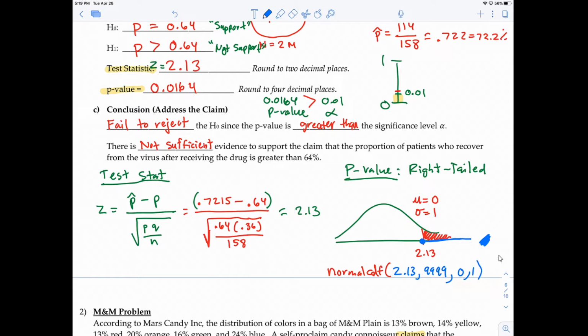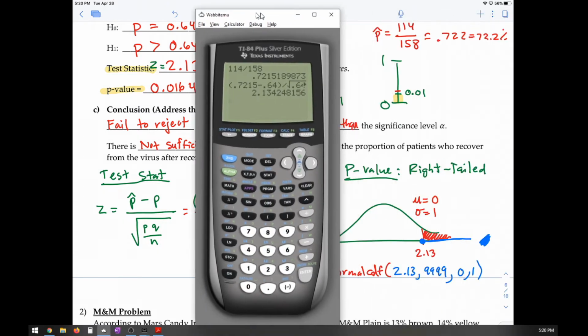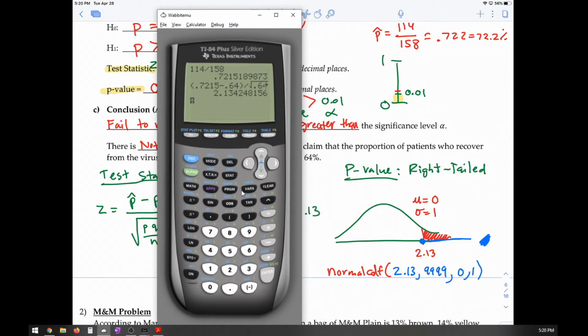All right, so let's go ahead and take out the calculator and see what we get there. So we're going to go second vars, normal CDF. The lower is 2.13. The upper is 9999, and that looks good. So we're going to click paste. And that's the p-value.